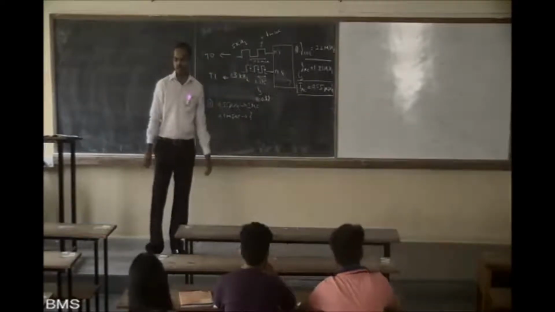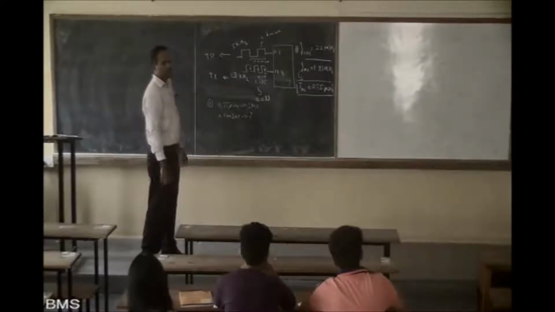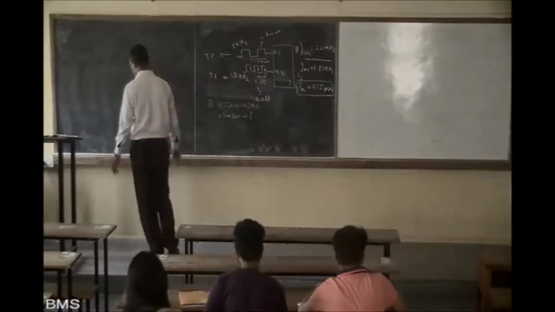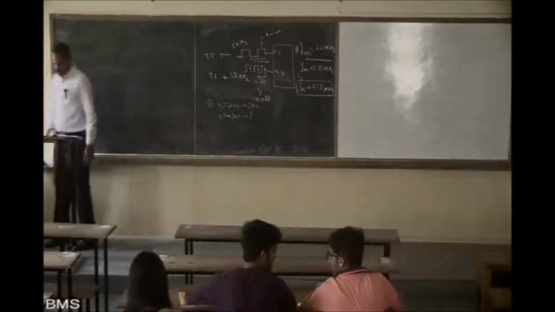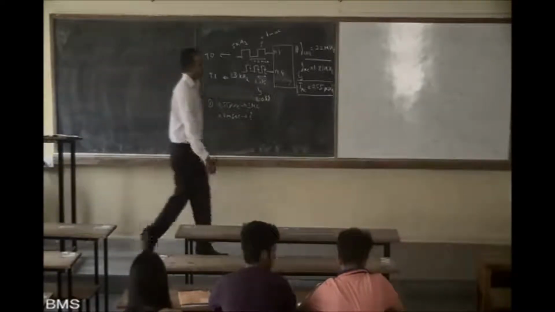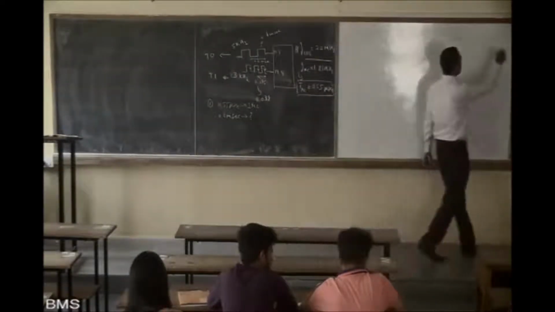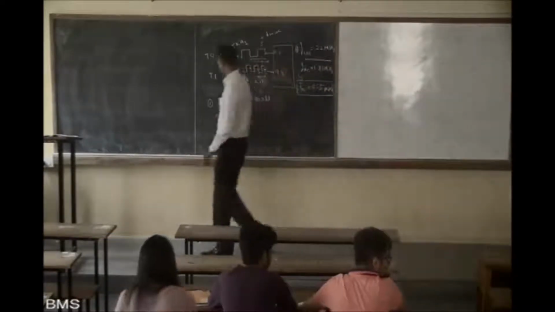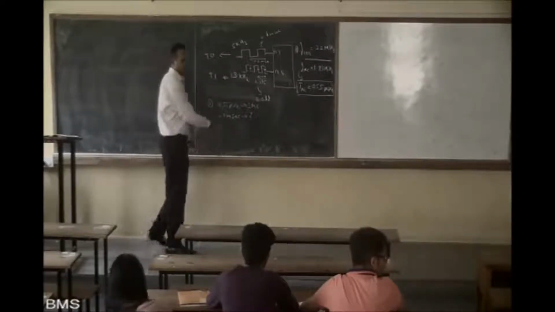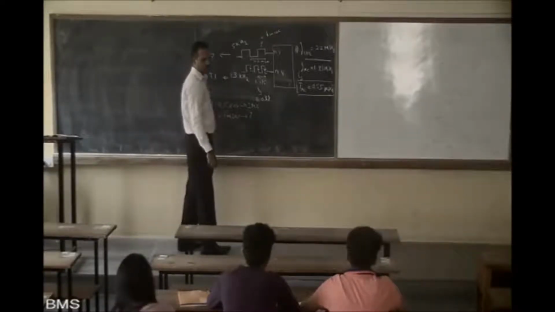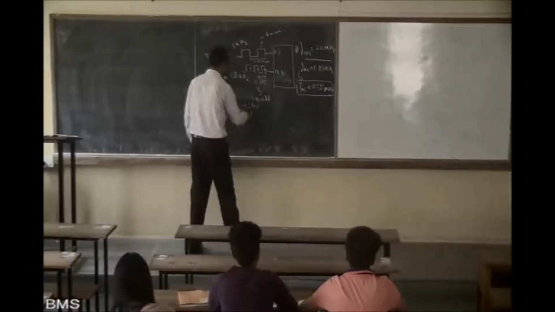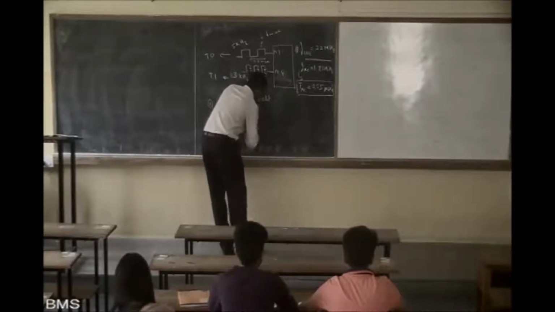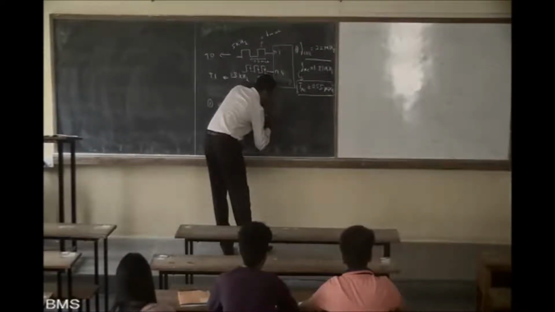Quickly, can you tell me the number? 0.1 millisecond divided by 0.55 microsecond. 180? 181.